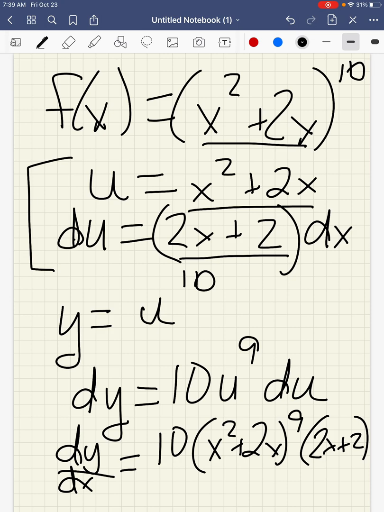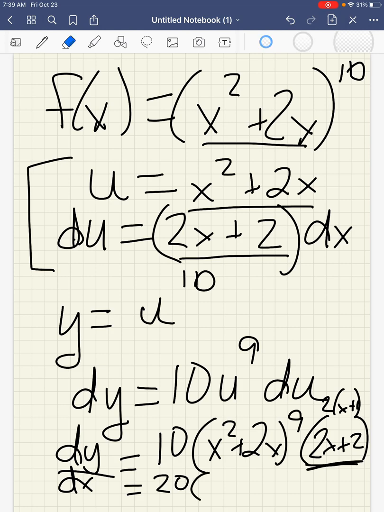And then you can simplify that because we could factor a 2 out of this. So that would be 2 times (x plus 1). And then if we take that 2 and multiply it times the 10, it'll become 20.